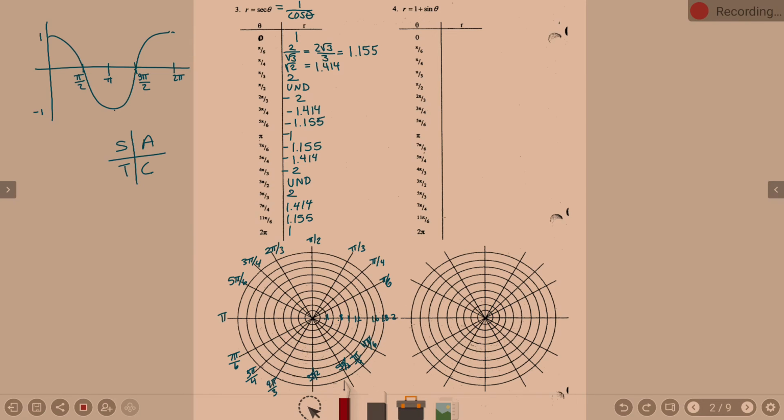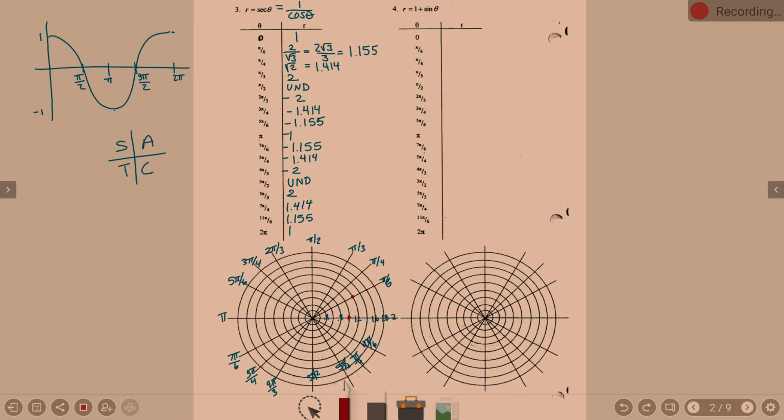Okay. Ready? 0, 1. On 0, you go out to 1. Pi over 6 and 1.2. So on pi over 6, we go out to 1.2.